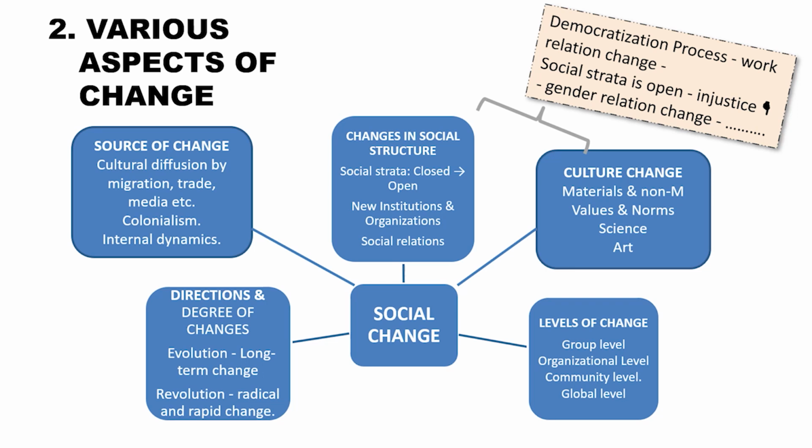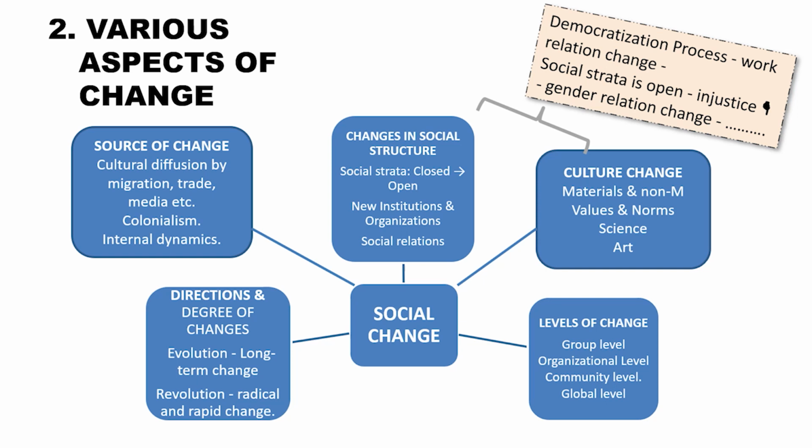And then we can also talk of level of change. Change can happen on the very small level, on the family level, but also in a more organizational level. For example, in the level of political parties, in social organizations within the society.